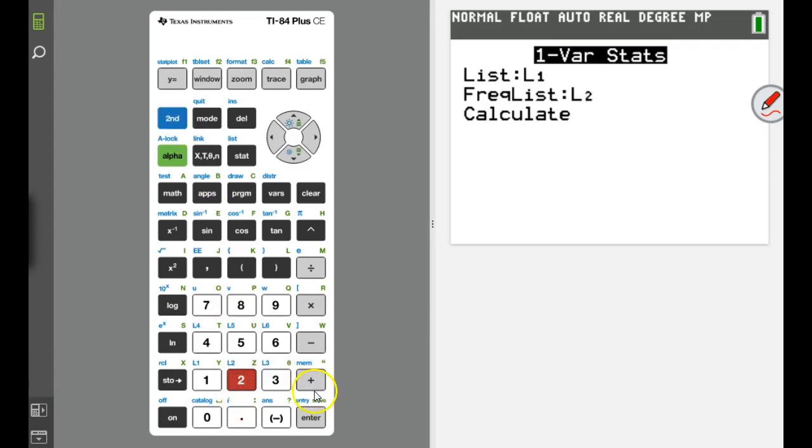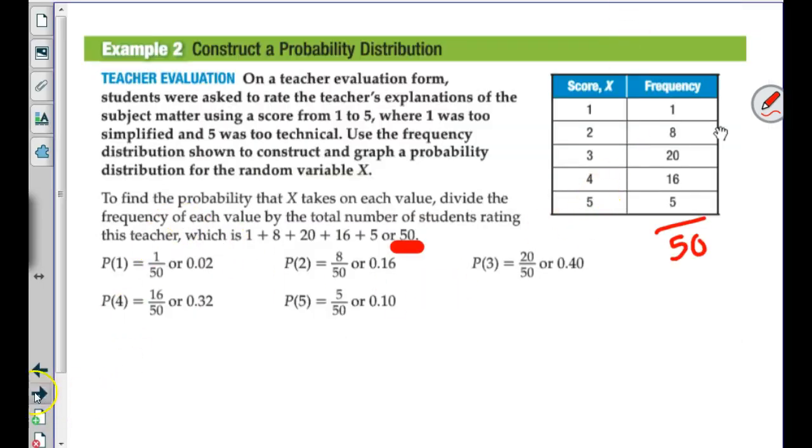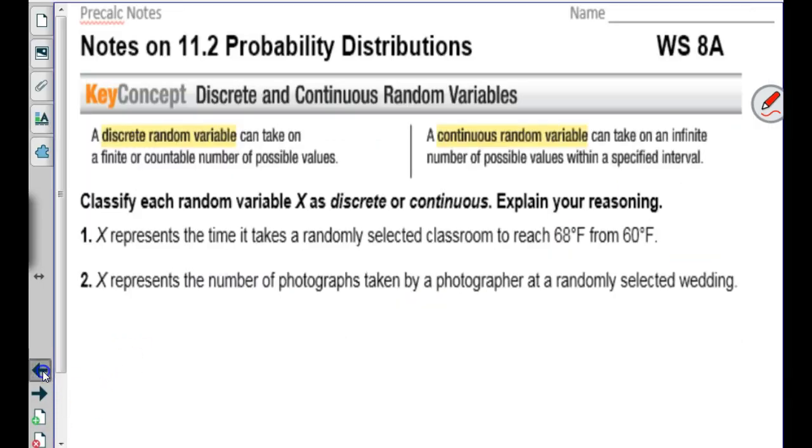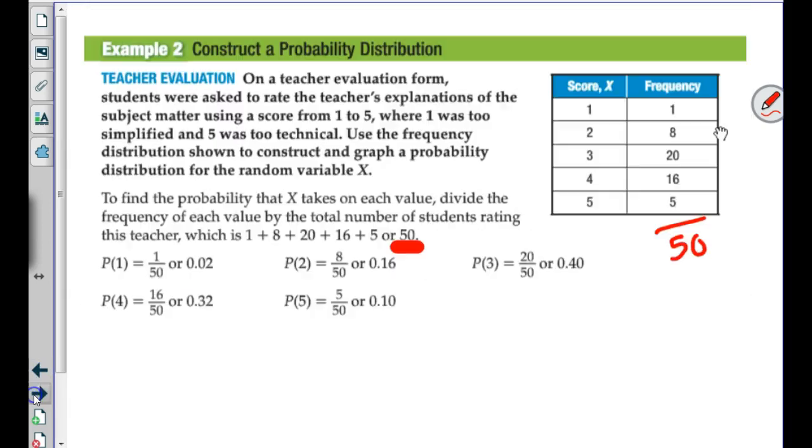Because if we wanted to do this by hand, I just want to make this really clear. If we wanted to explain this to somebody, you'd have to say, one person gave a score of 1. How many people gave a score of 2?